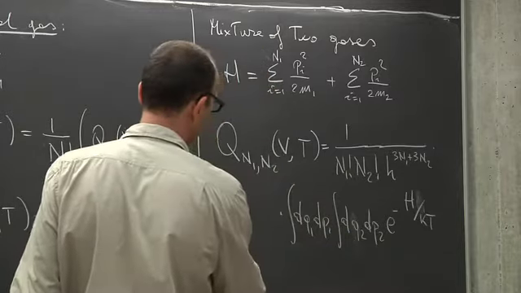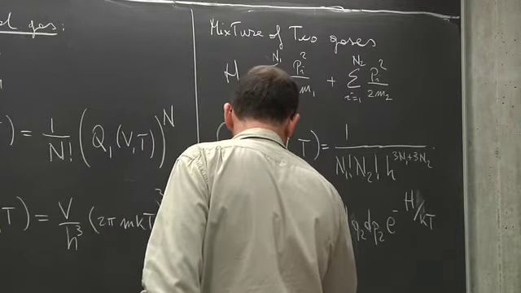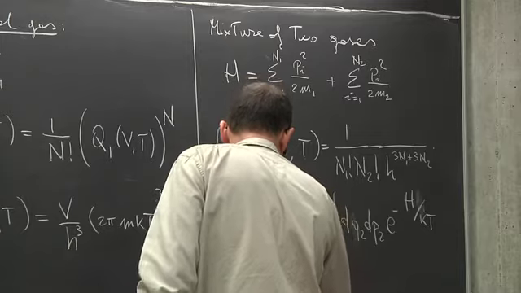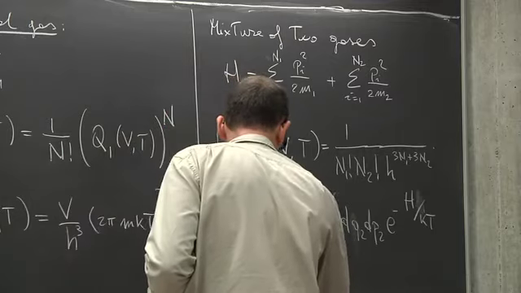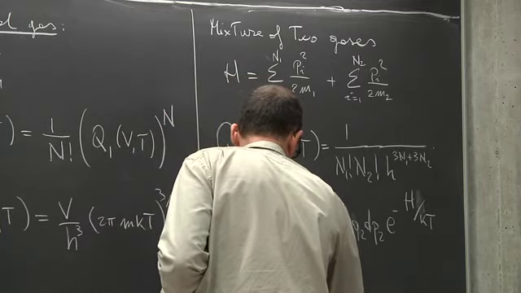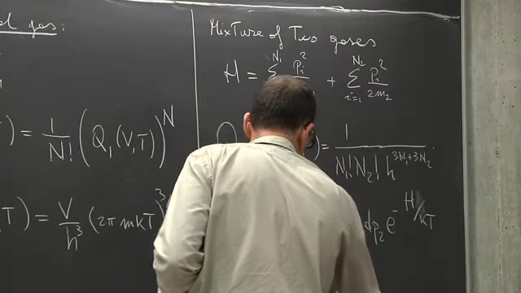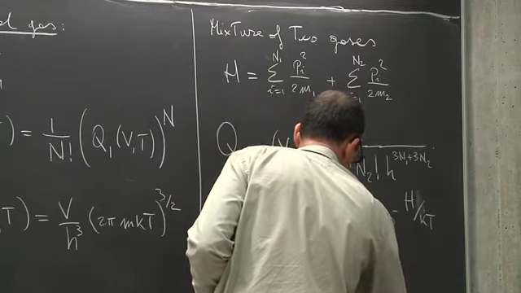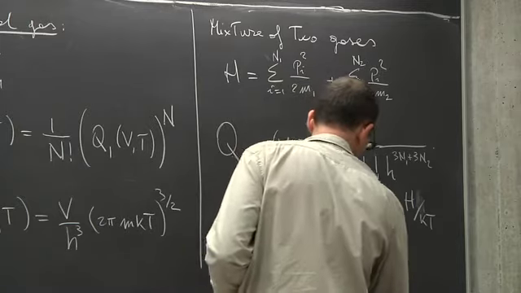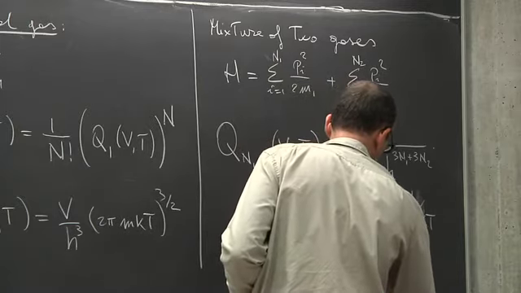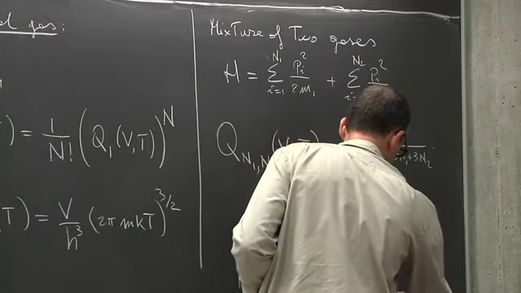So effectively, you can write this as 1 over n1 factorial times the partition function of one particle of type 1 at volume V and temperature T to the n1, times 1 over n2 factorial times the partition function of one single particle of type 2 in volume V and temperature T.